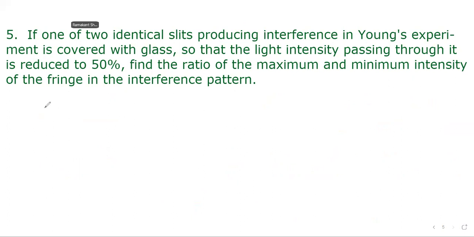So here, suppose I2 becomes 50% of I1. So 50% of I1, that will be equal to I1 upon 2. So we can say that I1 upon I2 equal to 2.